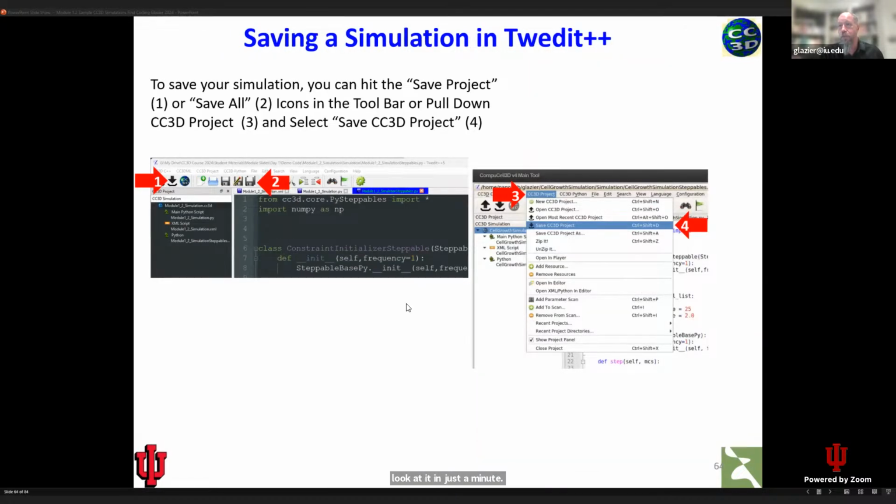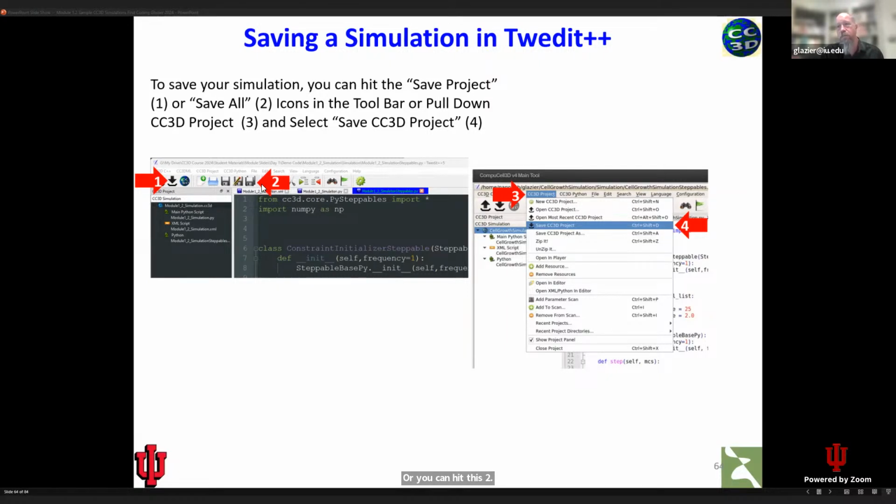Okay. Now, to save the simulation, you can hit this down arrow button here, or you can pull down CC3D project, save CC3D project. There are a lot of save options, or you can hit this double old-fashioned floppy disk icon.